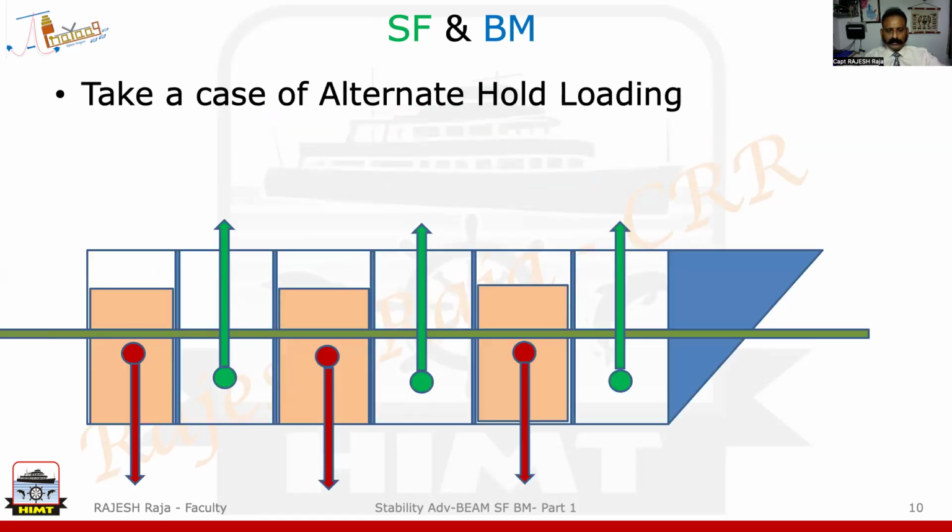Now, I've just shown you a case of an alternate hold loading. This is just to depict how the forces are going to act. Now, look at that alternate holds where cargo is there. You will see the weights are maximum acting from there. Even though the empty hold also has got its body weight, it's very, very minimal compared to the full hold.